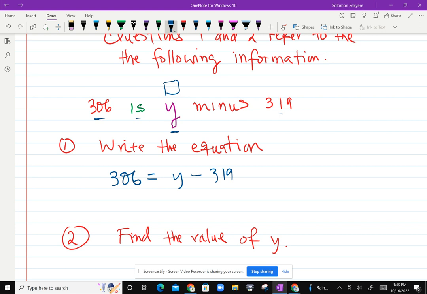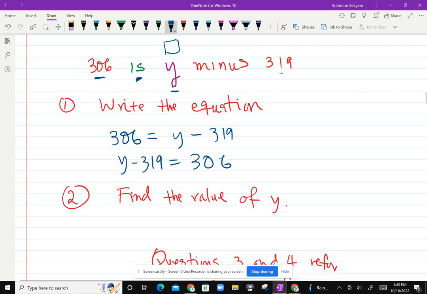Okay, so same as writing y minus 319 is equal to 306. This is what we have. So follow the English, right? So 306 is, that means it's equal to y minus 319. Okay, so that's the equation.